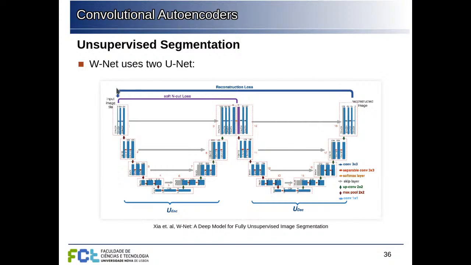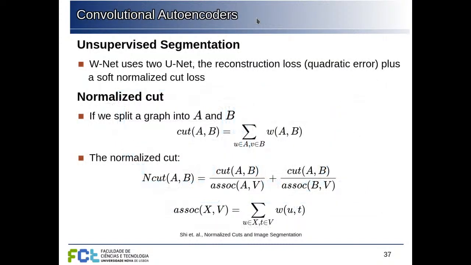But we want this autoencoder to learn something useful. So here we have this soft cut loss function that tries to force the representation here to split apart the image in the best way possible. So let's look a bit at this loss function. If we have a graph, we can split the graph between two subgraphs.